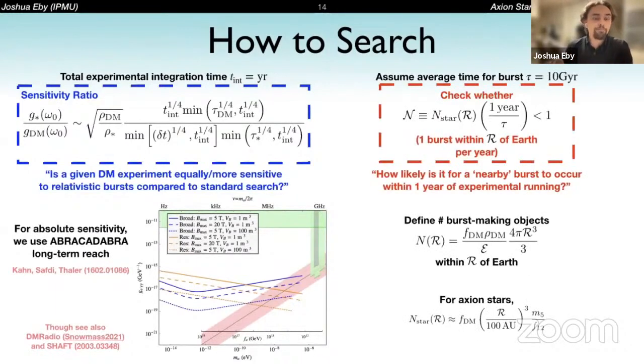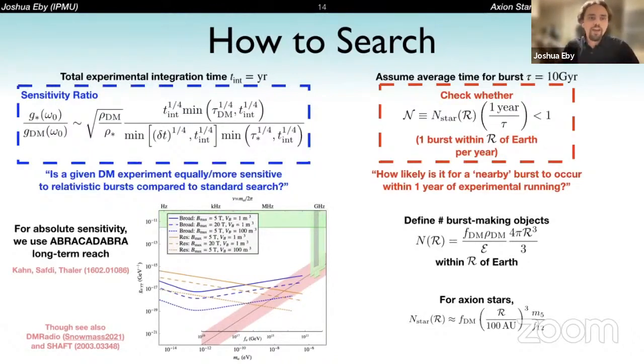The other sort of consistency check here is that you would like for there to be enough bursts around that you would see one realistically in a year of experimental running. So in order to make this estimation, we had to plug in by hand a sort of lifetime for these bursts. And this depends on very complicated physics of accretion, of what is the mass distribution of axion stars, all of this kind of stuff.